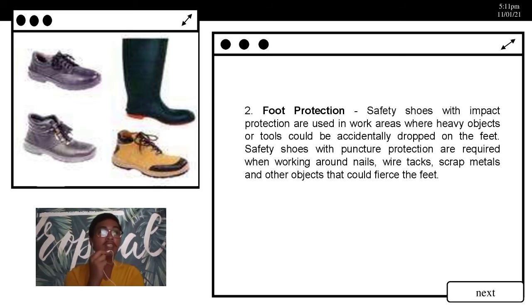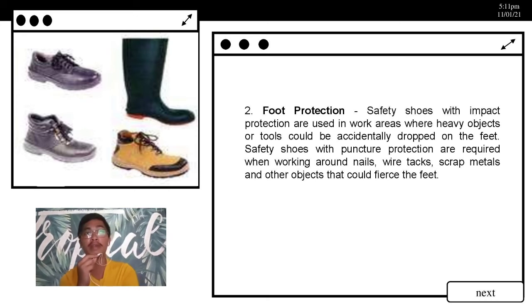The other one is the yellow triangle. This indicates sole puncture protection with a grade 2 protective toe cap. These are for light industrial work environments requiring puncture protection as well as toe protection.